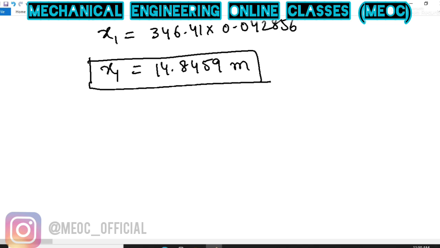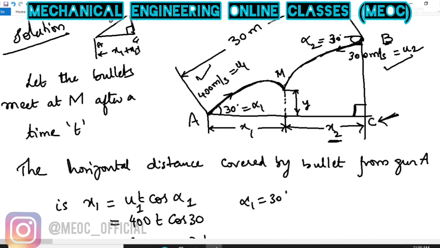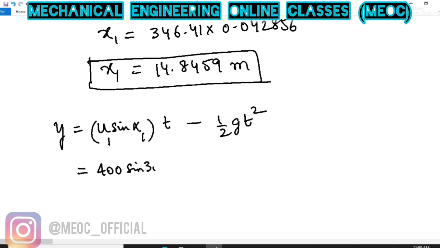So y, the vertical distance, is given as u sine alpha. It is actually u1. I'm going to use y with respect to the bullet that is coming from point A. So I'll be using u1 sine alpha 1 t minus half g t square. So u1 is nothing but 400, alpha 1 is 30.